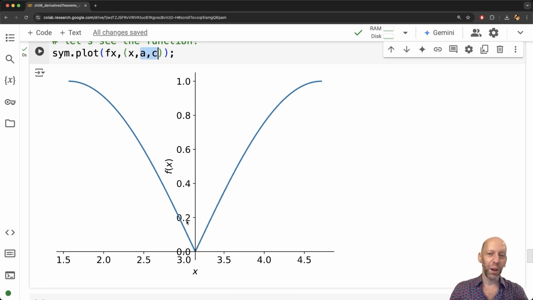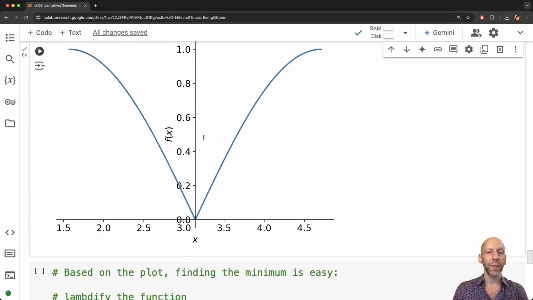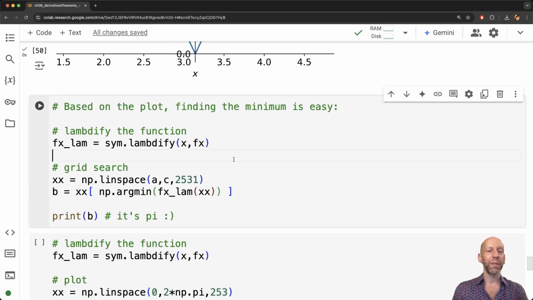Now, you can see also from visual inspection that this is not going to work because we have the point here where the derivative does not exist. But based on this plot, it's easy to find the minimum value where the derivative is as close to 0 as it gets, although it's not going to equal exactly 0.